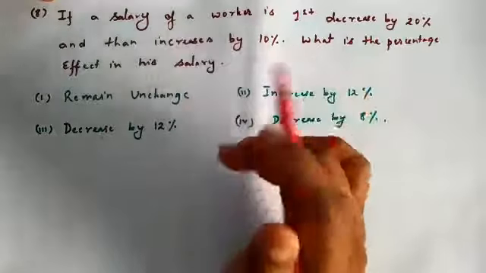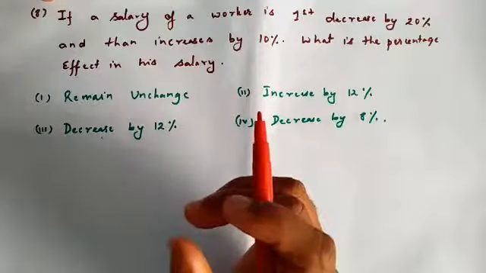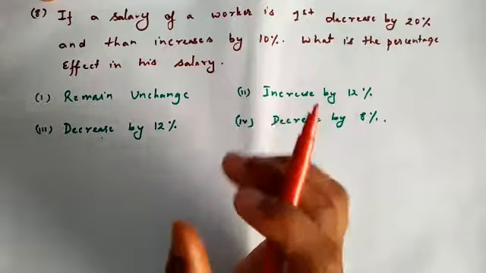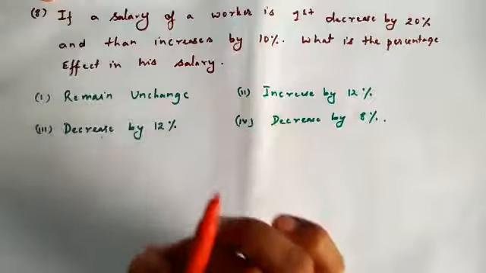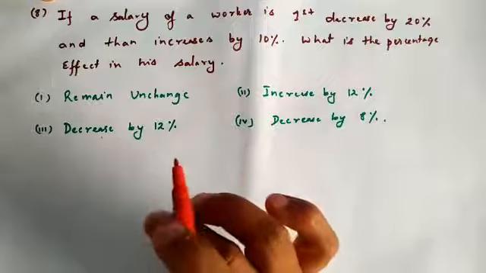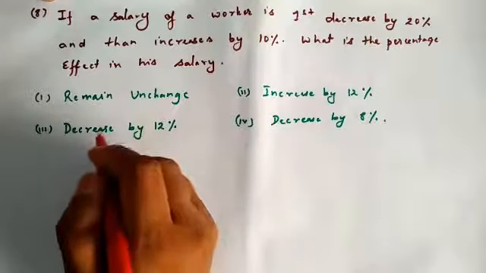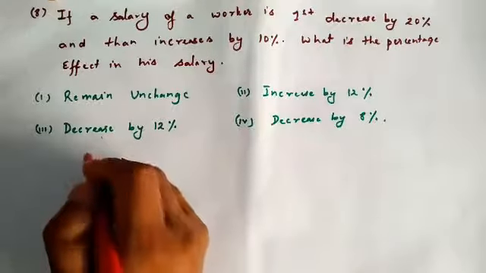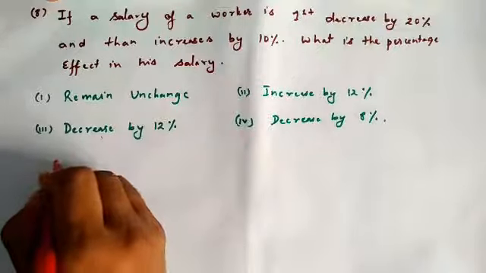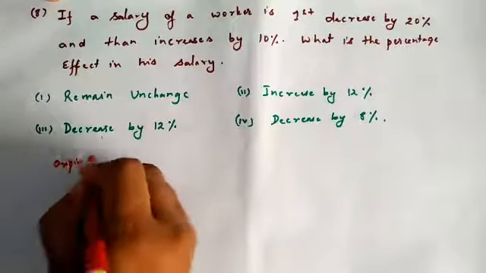Let's say I will show this in two ways. One is the traditional way and the other is the shortcut way, that will be applied using the formula. So in the traditional way, let's say the original salary is rupees 100.